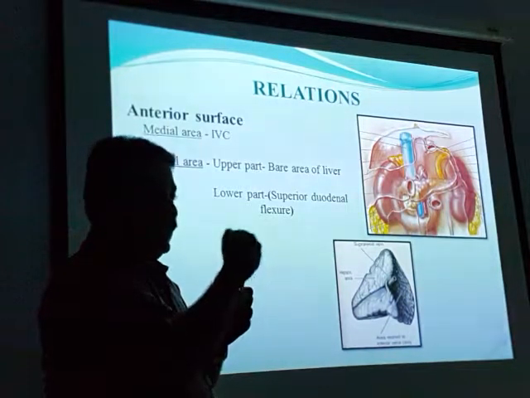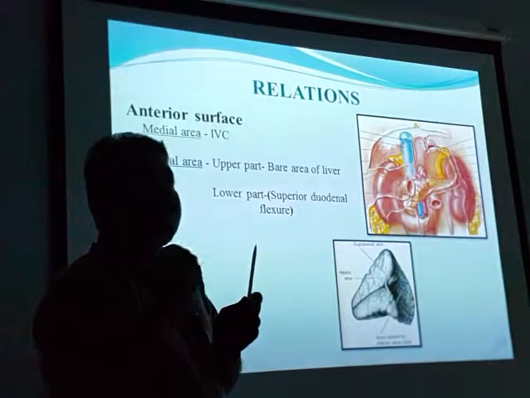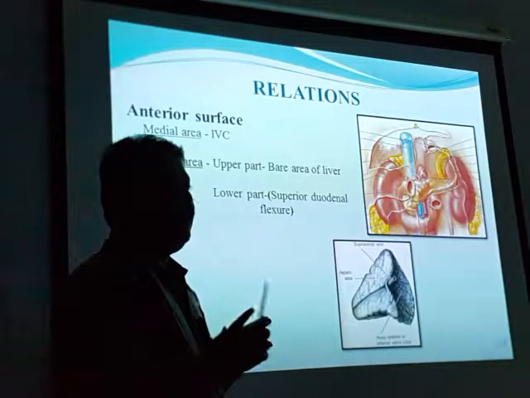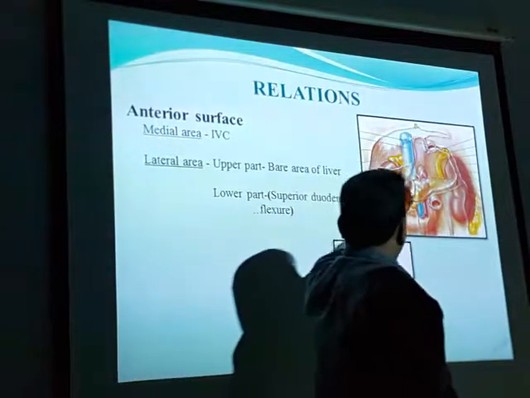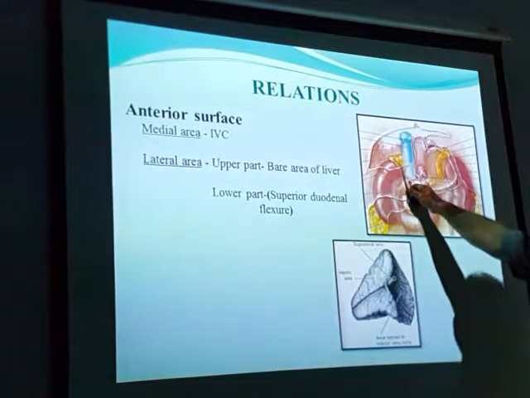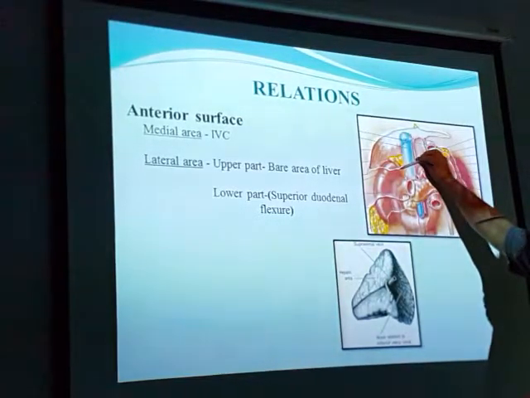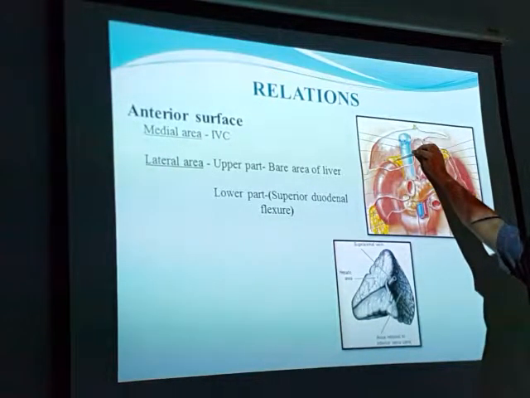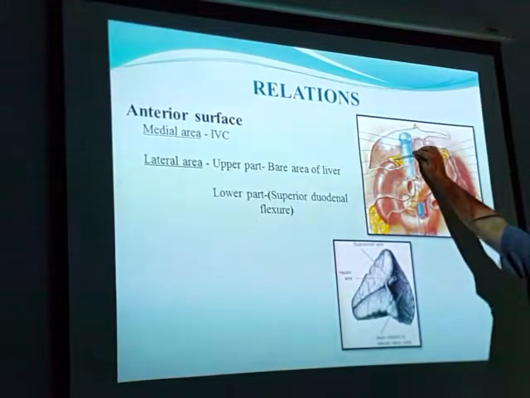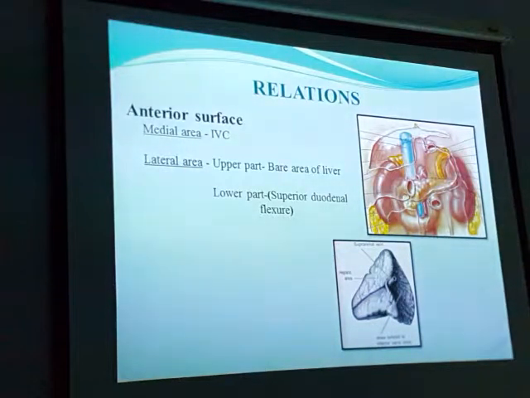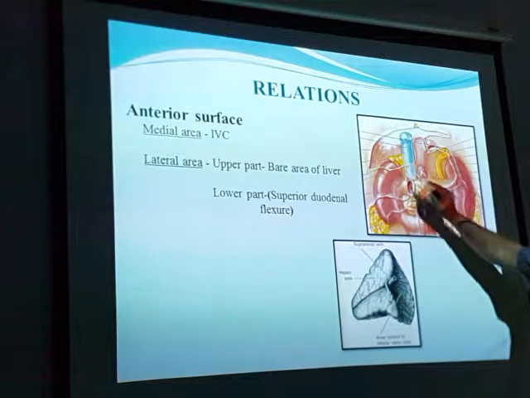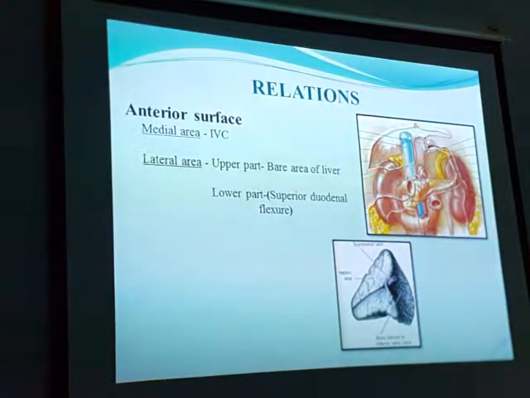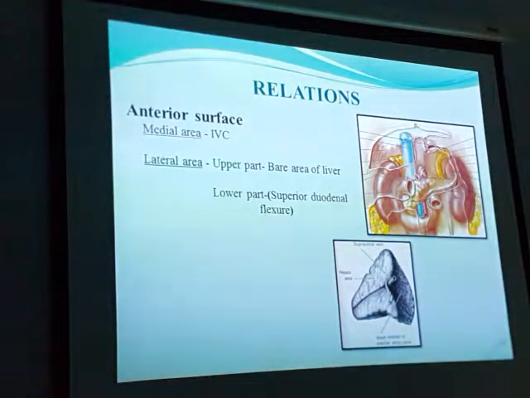In the liver, the area which is not covered by the peritoneum is the bare area. So the lateral part of the right suprarenal gland, in the upper area, is related to the bare area of the liver, and the lower part is related with the superior duodenal flexure.